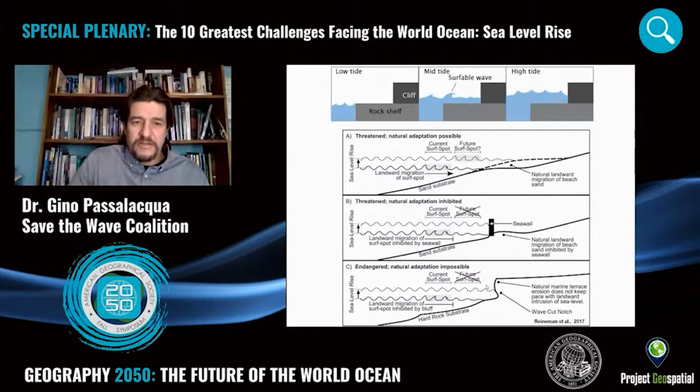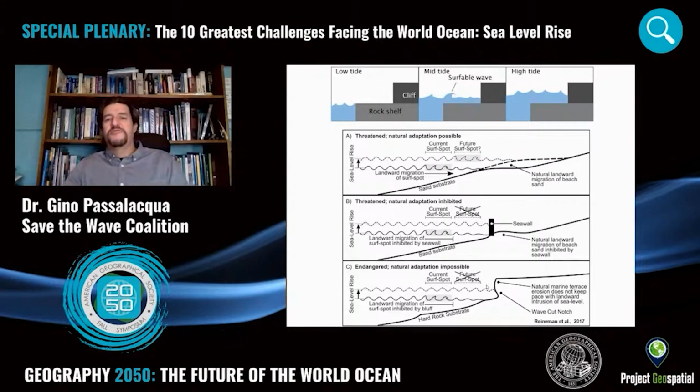There's another scenario where natural adaptation is inhibited, in which this landward migration of a surf spot is inhibited by a seawall. Seawalls are the major protection against sea level rise for coastal infrastructure. They don't always work, but that's what is naturally built.